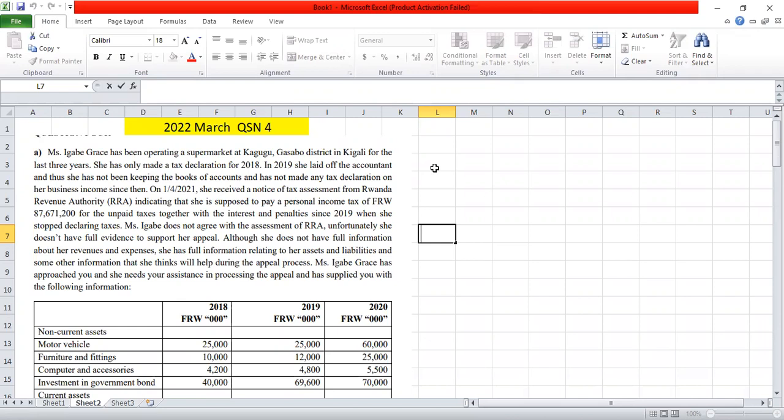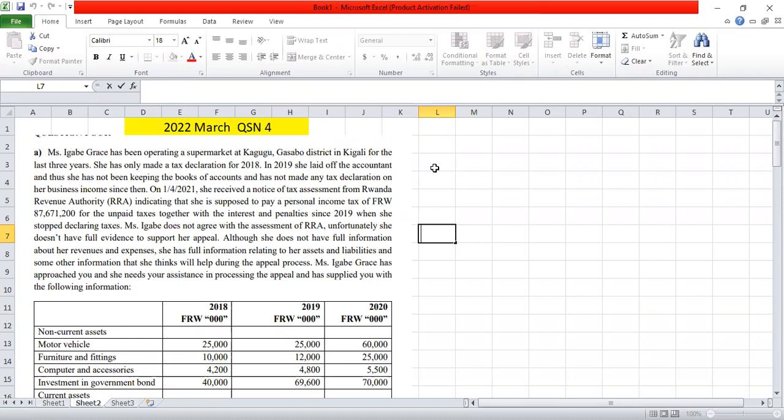On 1st April 2021, she received a notice of assessment from Rwanda Revenue Authority indicating that she is supposed to pay a personal income tax of 87 million from the unpaid taxes together with the interest and penalties since 2019 when she stopped declaring.